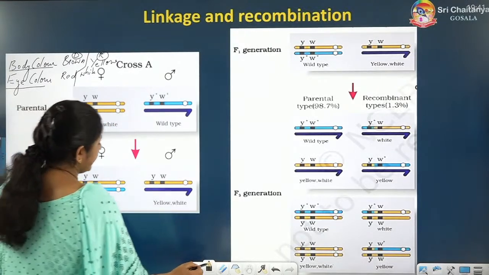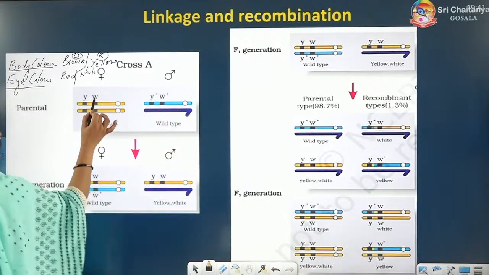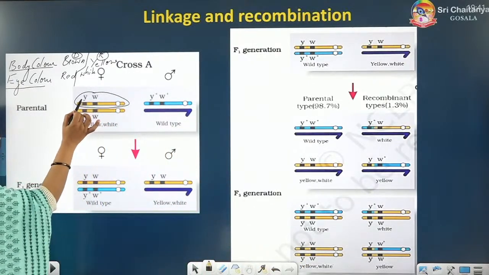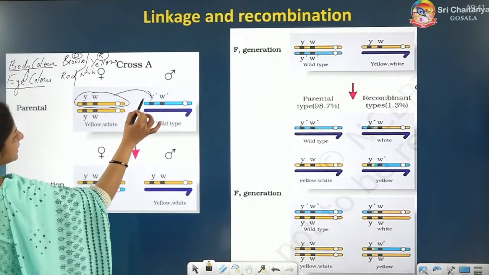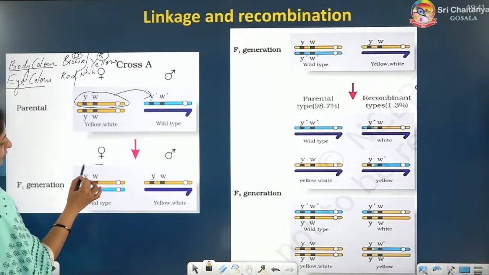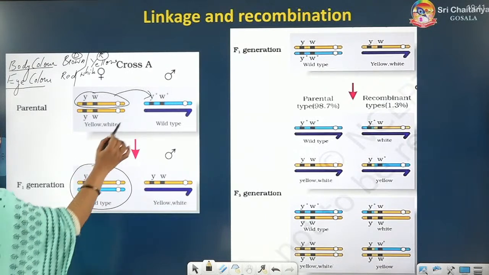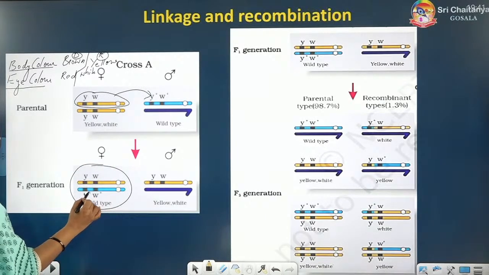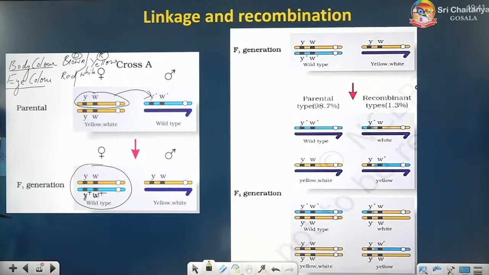Now can I say, when this X, which is having small y, small w, is making a combination with the X of the male, then what type is going to be formed? Female, which is having what type? Y and Y plus, W and W plus, plus and plus will be wild type.